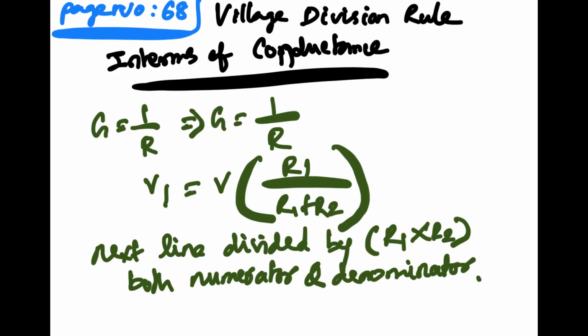Voltage division rule in terms of conductance. G is equal to 1 divided by R. V1 is V into R1 divided by R1 plus R2. Next, divide by R1 and R2, both numerator and denominator.